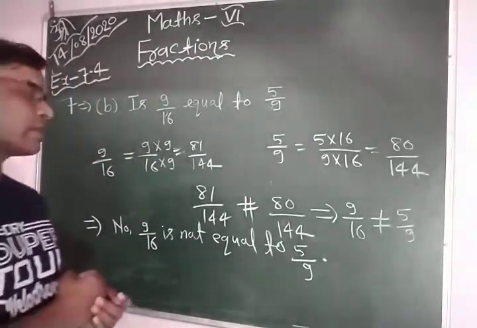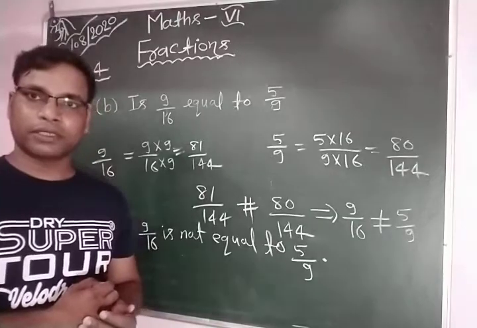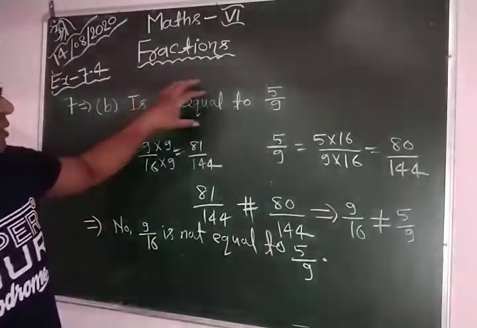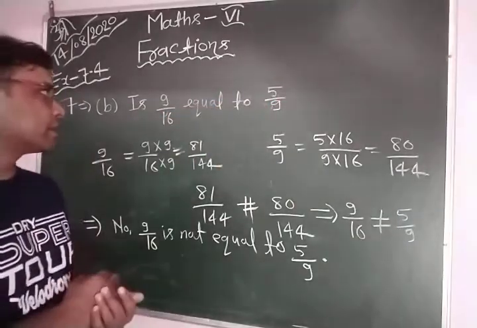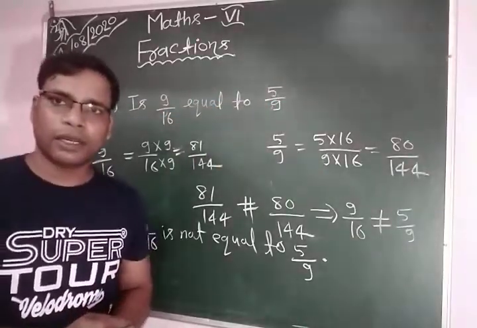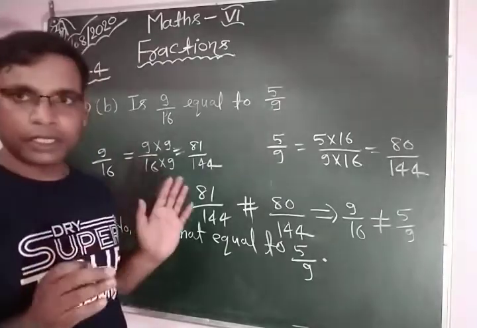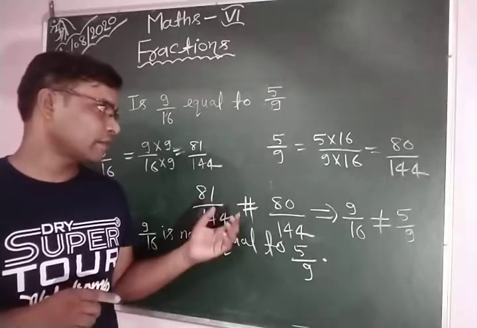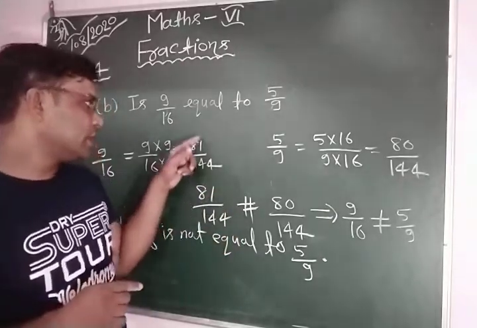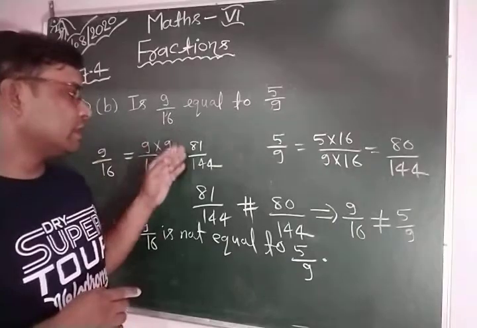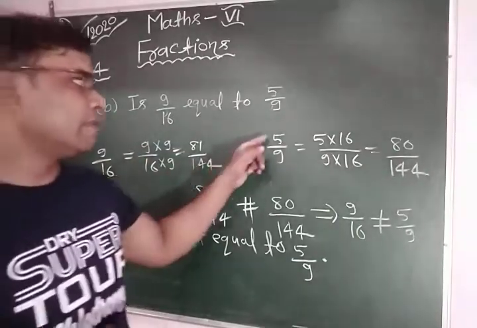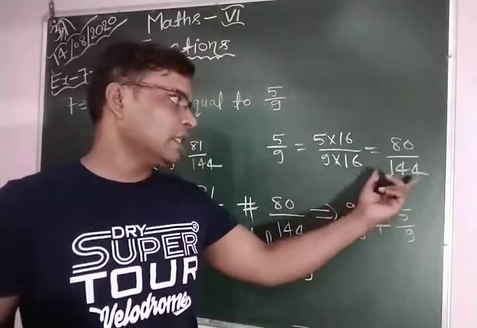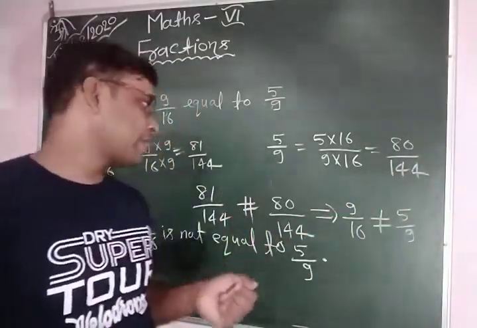Which method do we use here? We use equivalent fractions. We find both fractions; you can see both fractions are unlike fractions. So first we convert them into like fractions. After this, 9 by 16 becomes 81 upon 144, and 5 by 9 becomes 80 upon 144. Both are like terms because the denominators of both fractions are the same.